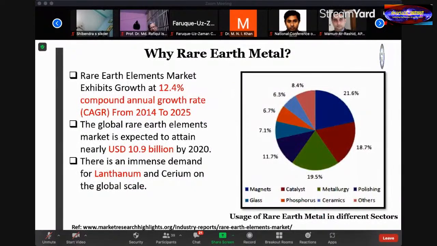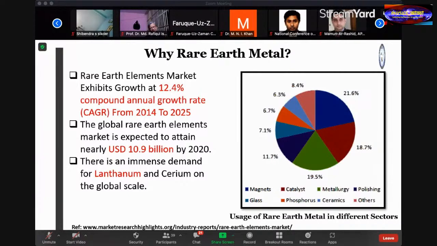So why rare earth materials? The rare earth element market exhibits growth of 12.4% compound annual growth rate, that is CAGR, from 2014 to 2025. So it is a great opportunity to work on this.